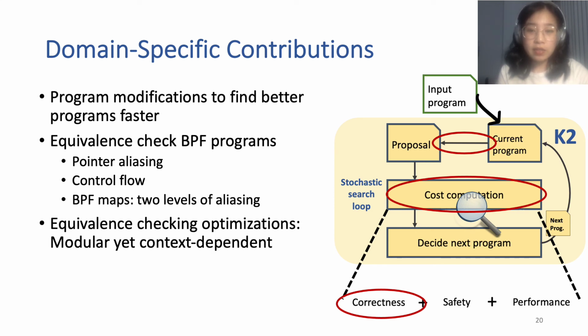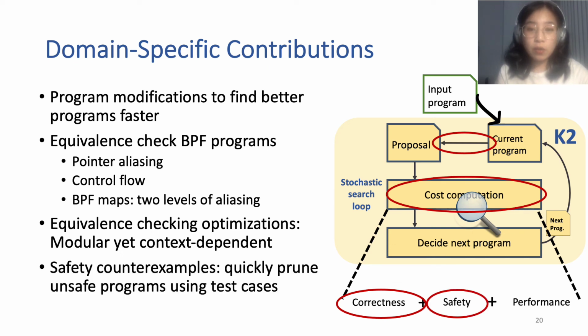K2 introduces several optimizations to check equivalence faster. Notably, we propose methods to check a small window of the program while still being aware of the program's context within the program. K2 is the first work that proposes and leverages safety counterexamples, a fast method to prune unsafe programs using test cases.